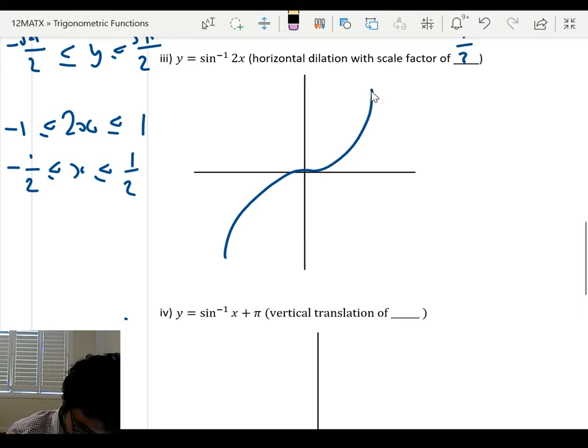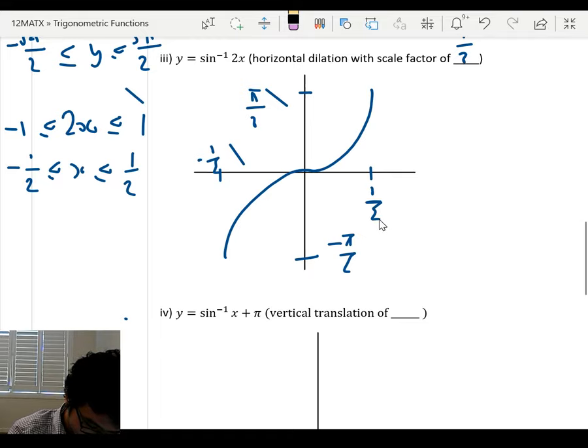It's not the best, so we'll roll with it. So keeping the range the same, but then the domain has been halved, so we go from negative half to positive half. Cool.